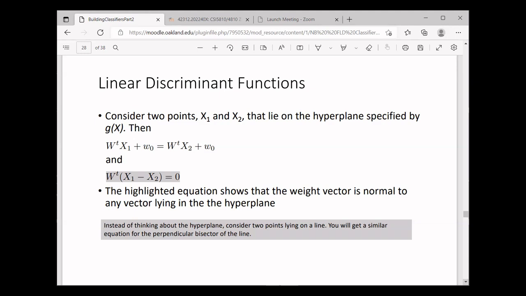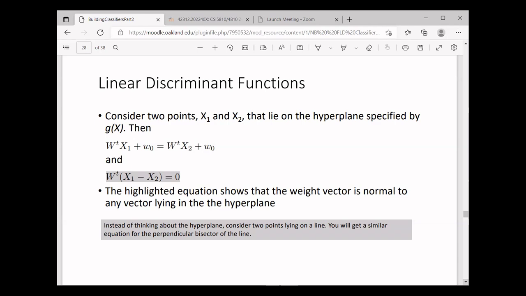Remember, in a two-dimensional space, a linear function specifies a line. In a three-dimensional space, a linear function specifies a plane. In a higher dimensional space, a linear function specifies what we call a hyperplane, a plane in higher dimension.